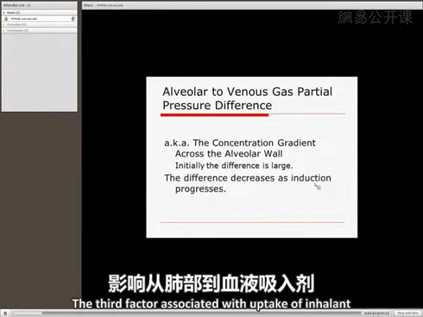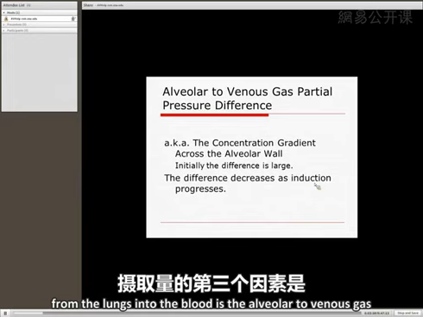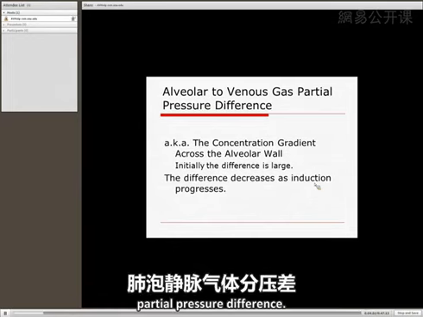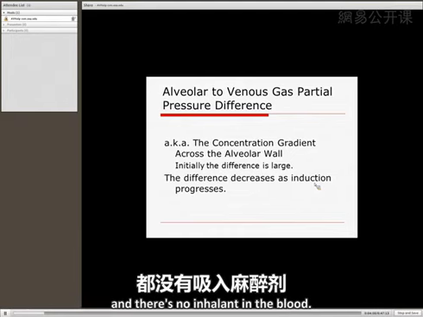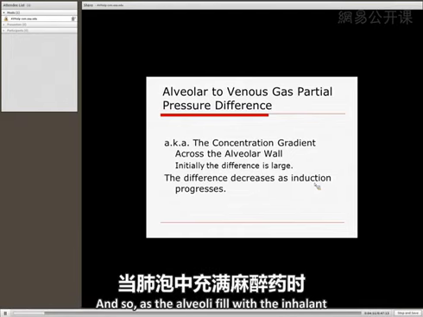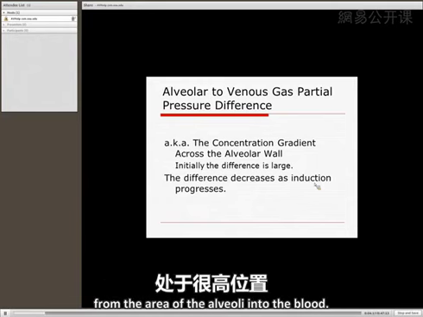The third factor associated with uptake of inhalant from the lungs into the blood is the alveolar to venous gas partial pressure difference. At the beginning of anesthesia, there's no inhalant in the arteries, there's no inhalant in the blood. And so as the alveoli fill with the inhalant, there's a pretty good pressure gradient from the air in the alveoli into the blood.